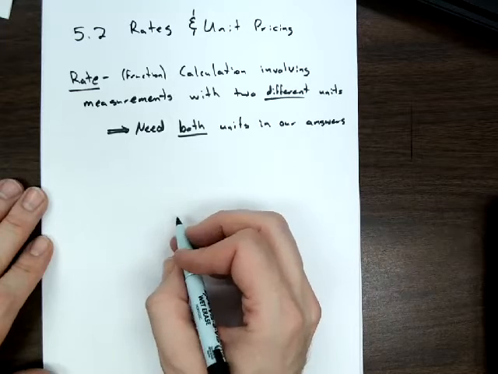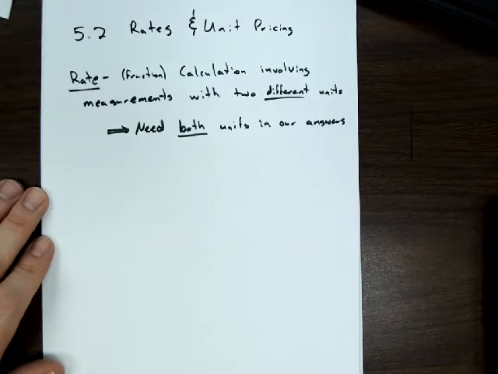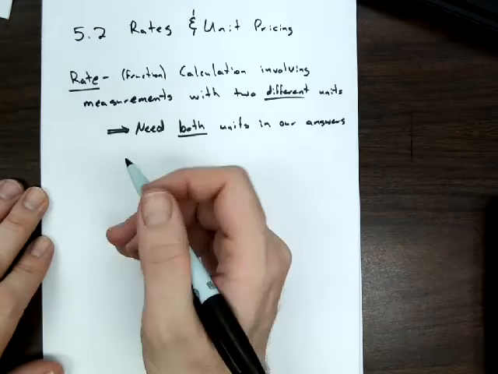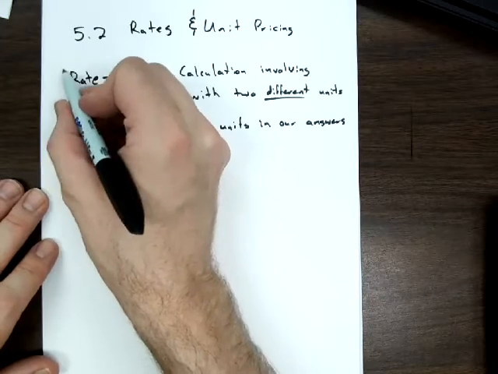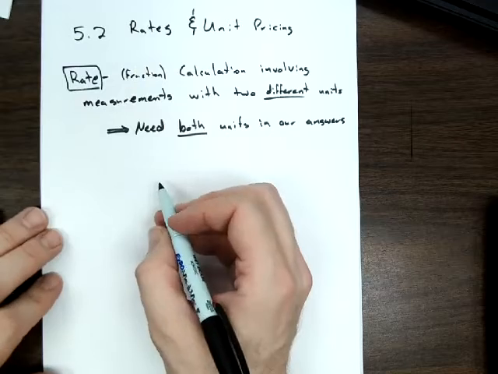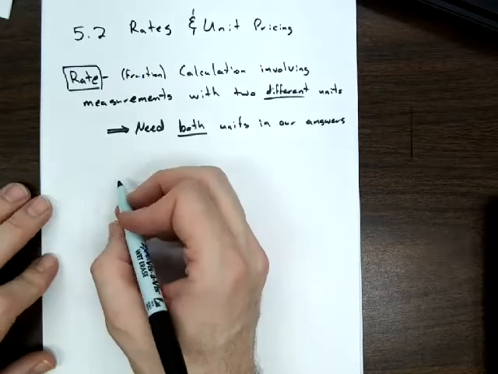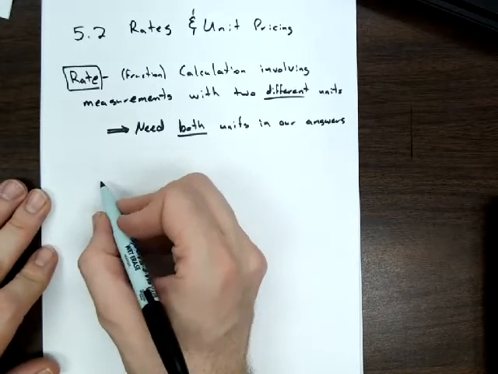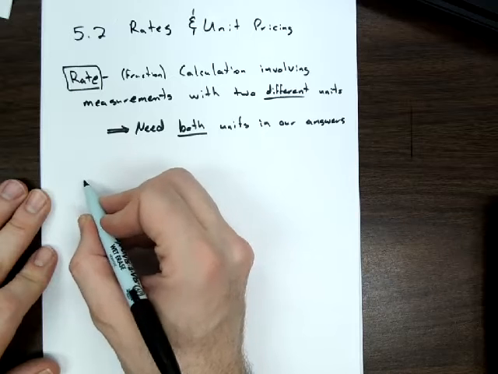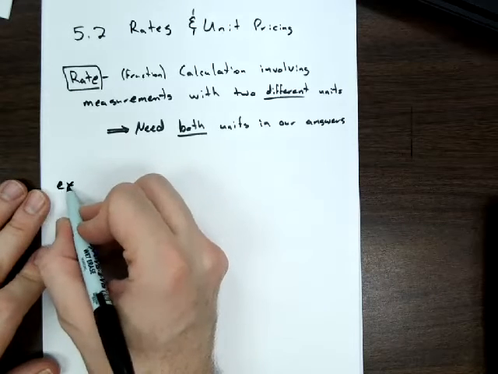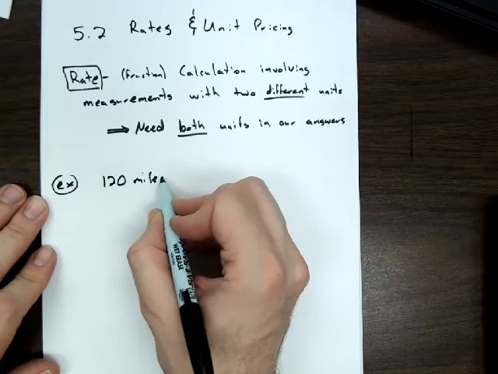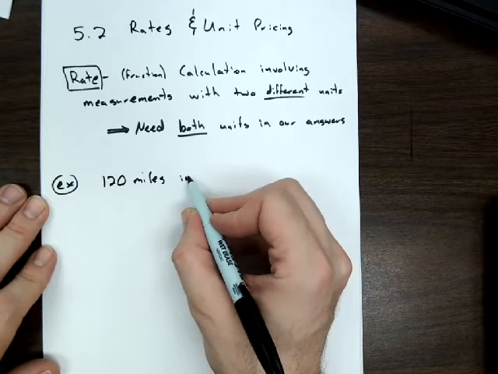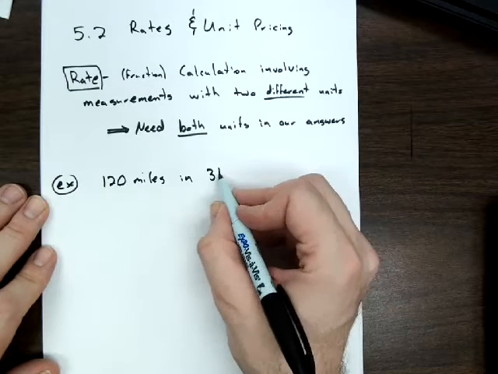Now, what this is going to look like is, say we take a fairly commonplace thing. Say we took a road trip and we went 120 miles in 3 hours.